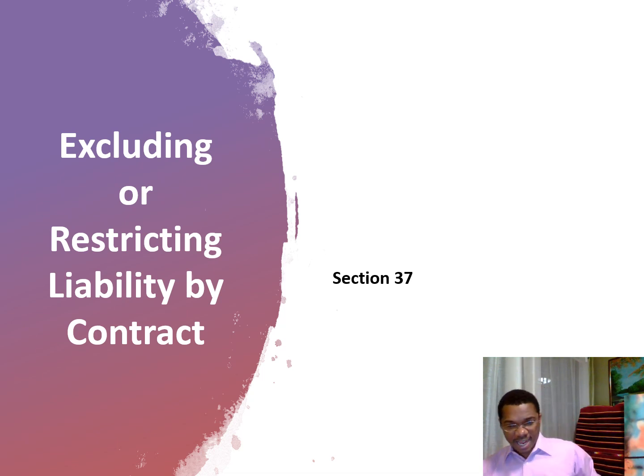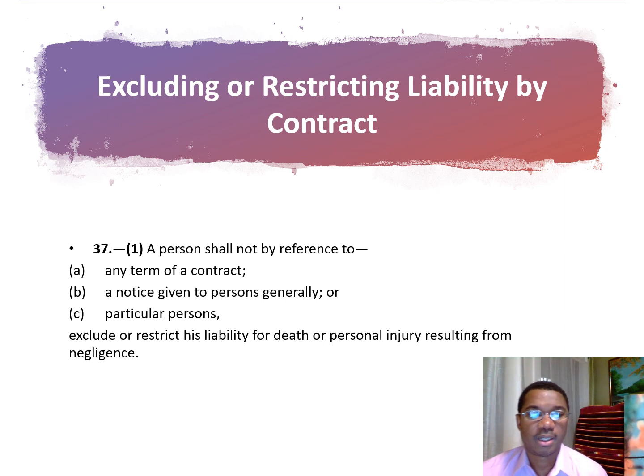Now, as I said at the top, we weren't going to detain ourselves with exclusion clauses because we are looking at exclusion clauses in the context of common law, in the context of the content of contract. But here, we're talking about excluding or restricting liability by contract. So this is now statutory, if you will, in relation to exclusion clauses.